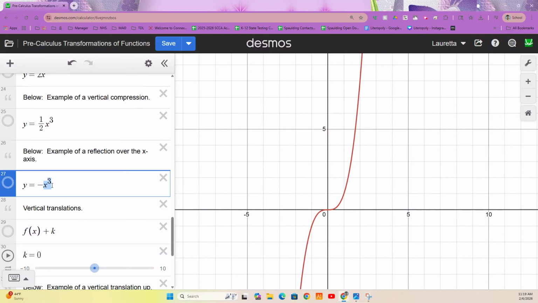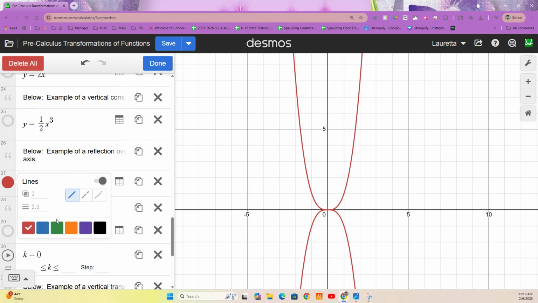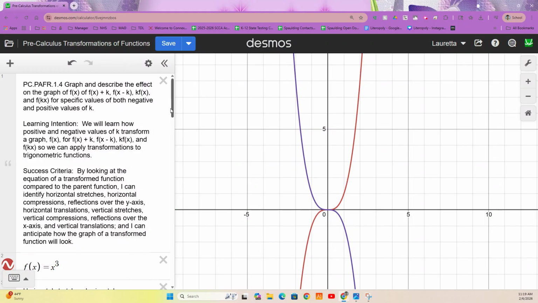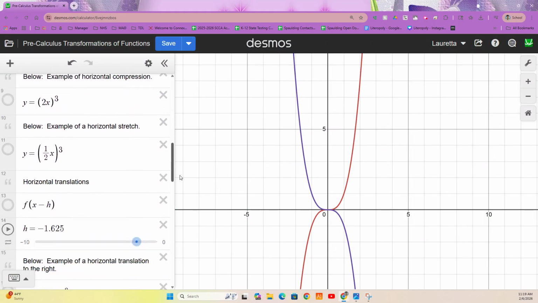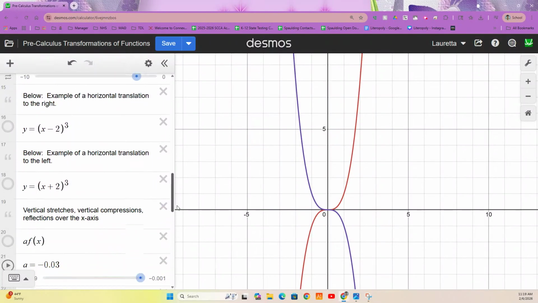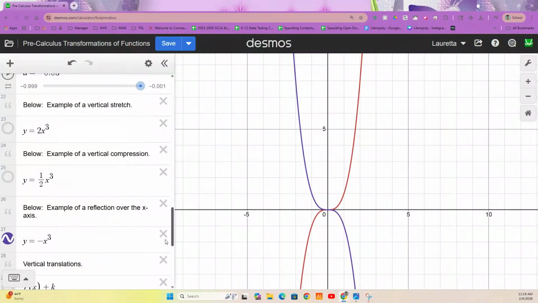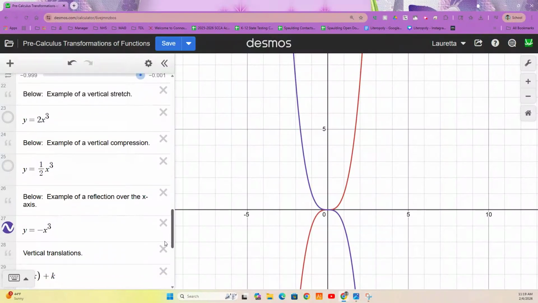So here is a function x cubed. You need to multiply it by a negative value. So the negative is not in parentheses. So you can see that's an example of what the equation looks like with the reflection over the x-axis.